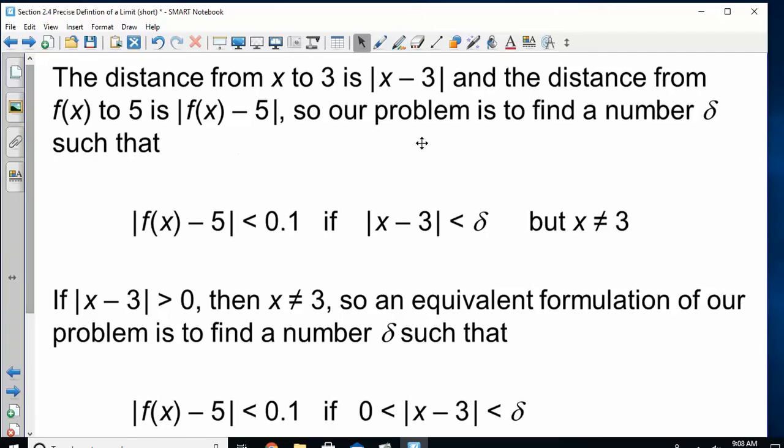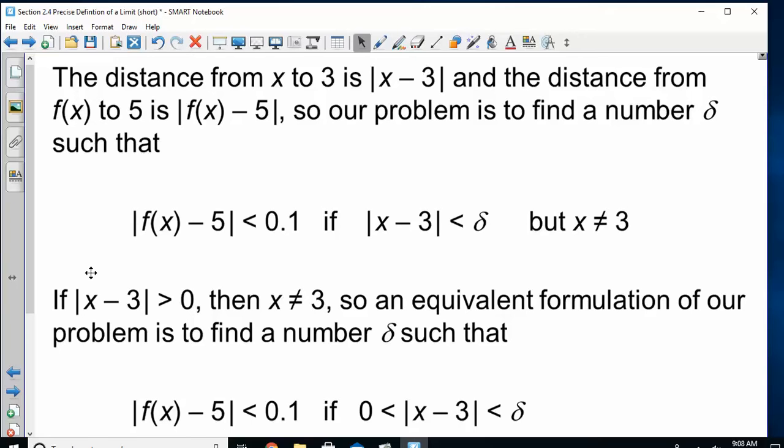We know absolute value gives you distance, because distance is always positive. So we start getting into some weird looking symbols here. Okay, getting used to this notation. We are trying to find a number. This symbol is called delta. It's a Greek letter.